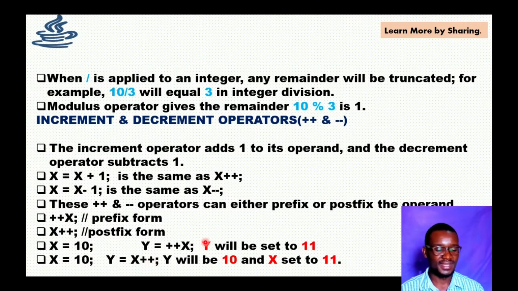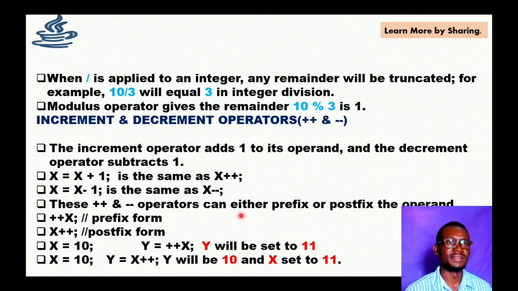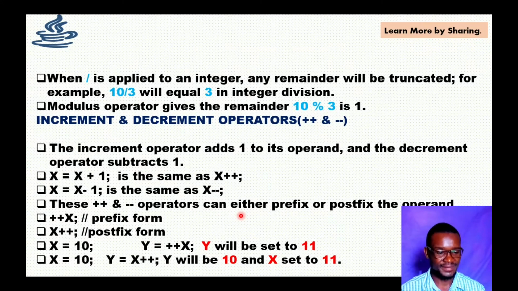So that is these two increment and decrement operators. We'll come across these operators in a number of programs. So this is very important to understand from this point, because they will keep on coming and they are quite confusing if you really don't know what they mean.